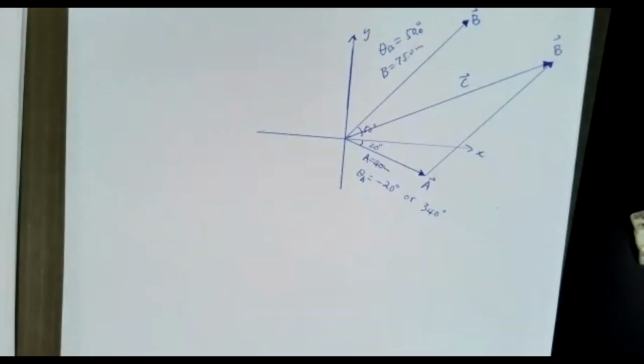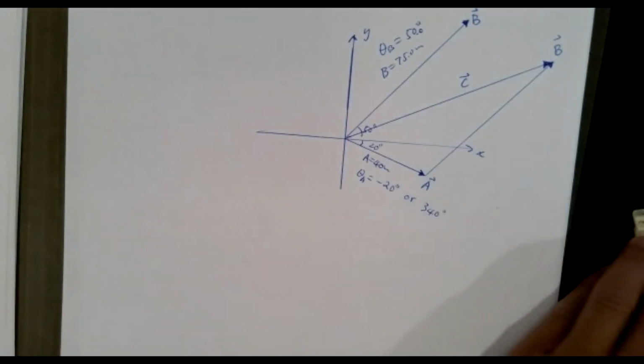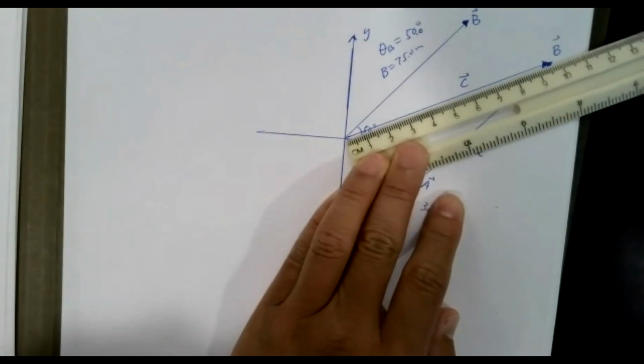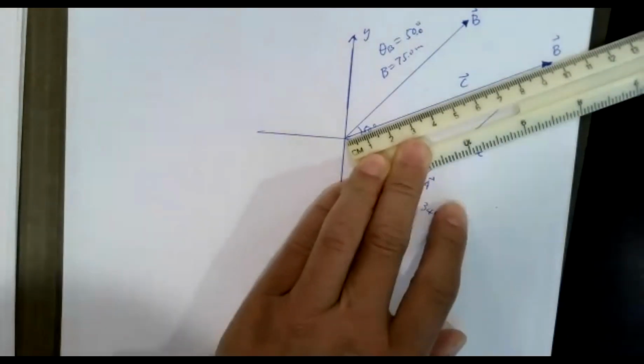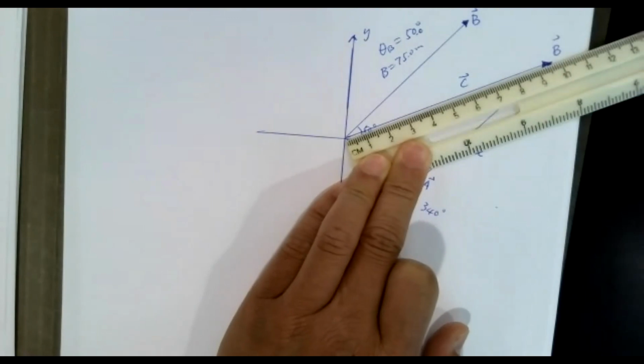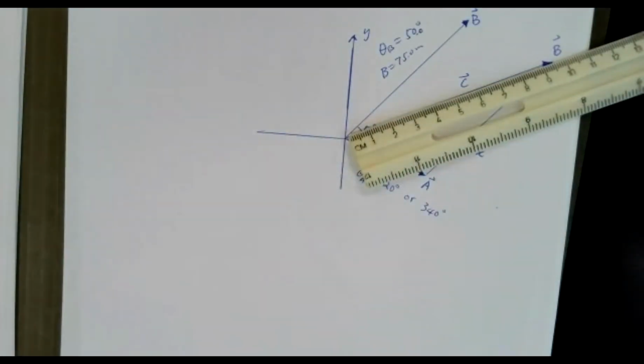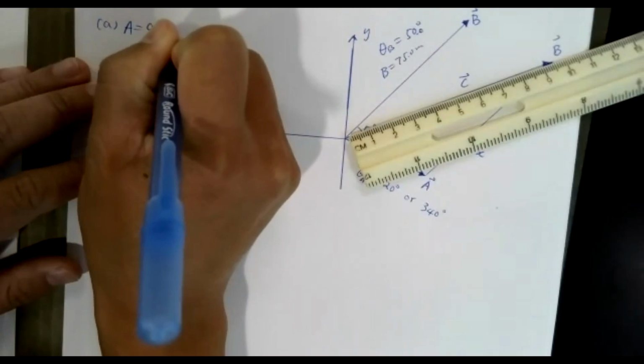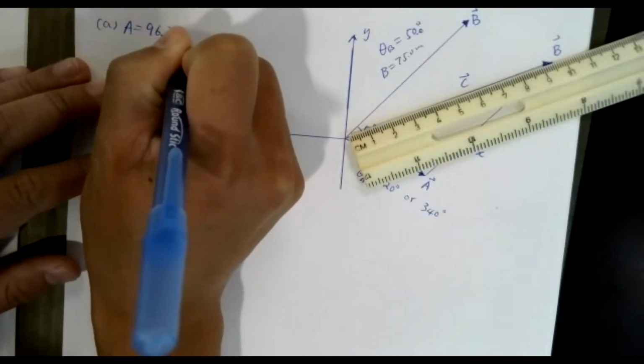Okay, now if I have done this correctly, I can measure roughly what will be the magnitude of this C vector. Okay, so it shows me like about 9.5 and then almost 9.6 something. Okay, so I can do estimation. From graphically I can tell it's like 96.3 maybe or 0.2 meters.